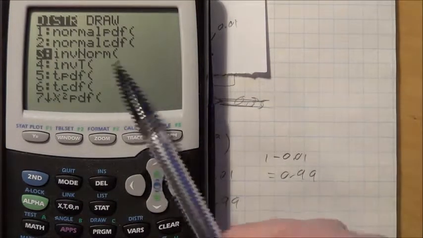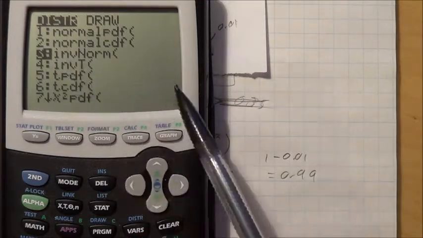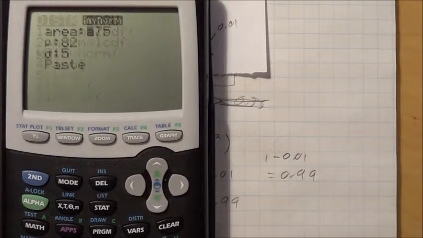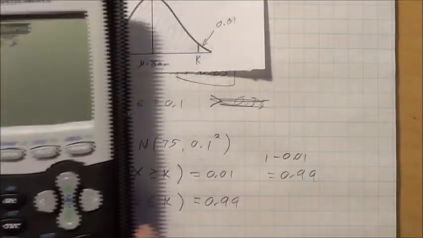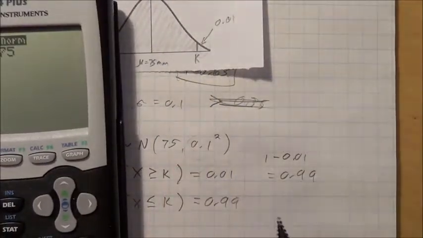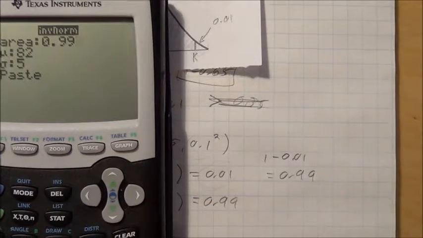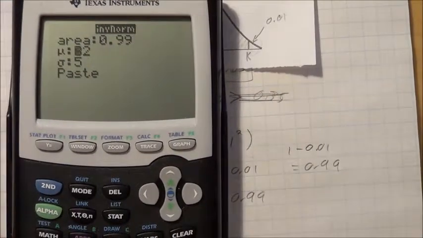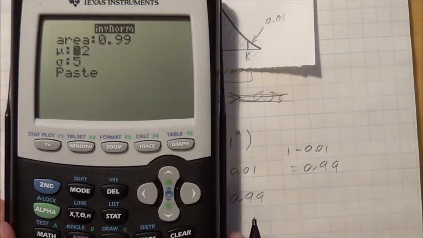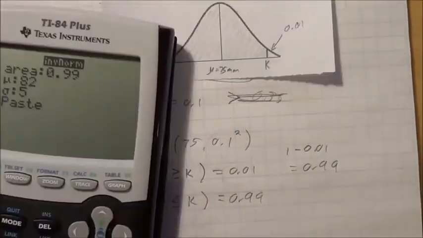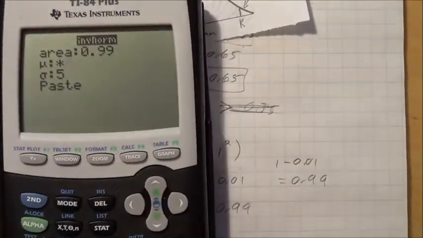Norm is the normal distribution, and inverse will be giving us this k value, the quantile that we're looking for. And the area that we're looking for is 0.99. And the mean that we found, sorry, as I'm looking at my notes, is 75, and the standard deviation is 0.1.